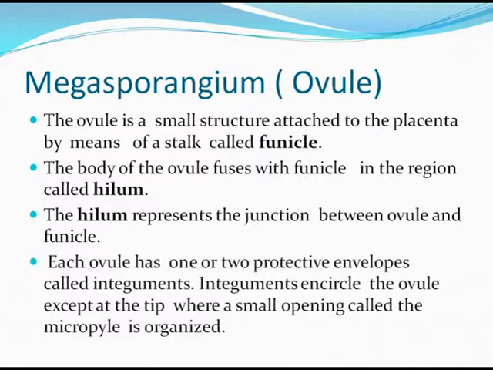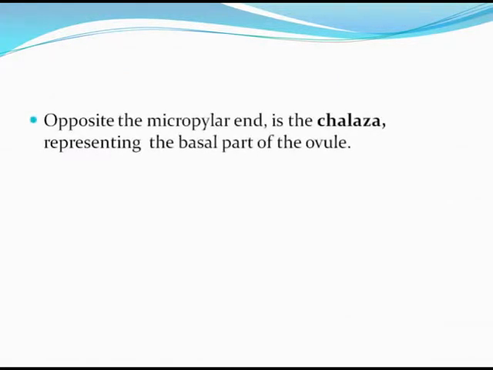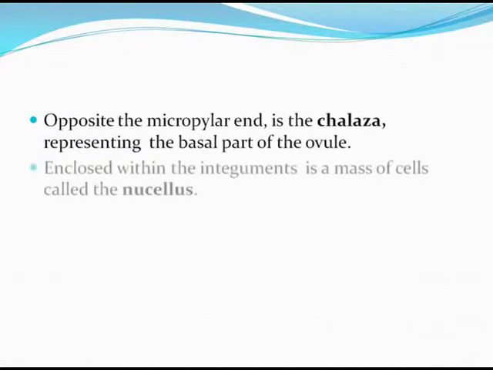Each ovule has one or two protective envelopes called the integuments. The integuments encircle the ovule except at the tip, where a small opening called the micropyle is organized. Opposite the micropyle end is the chalaza, representing the basal part of the ovule.